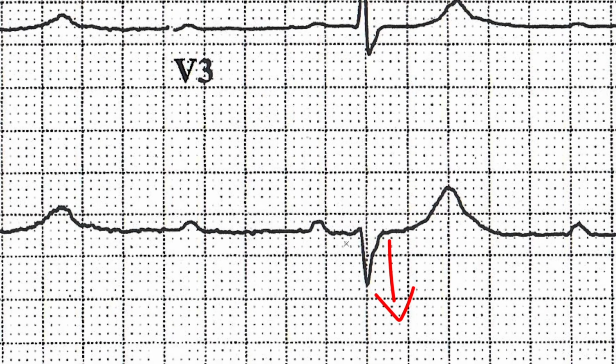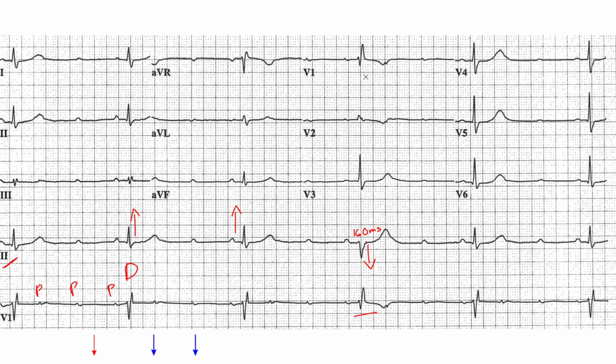If we take a look at this QRS and measure it out, we have 1 box, 2 boxes, 3 boxes, 4 boxes. This is a 160 millisecond wide QRS. So there is something going on here, and it's most likely a bundle branch block. Okay, now for bundle branch blocks, you go to V1, right?